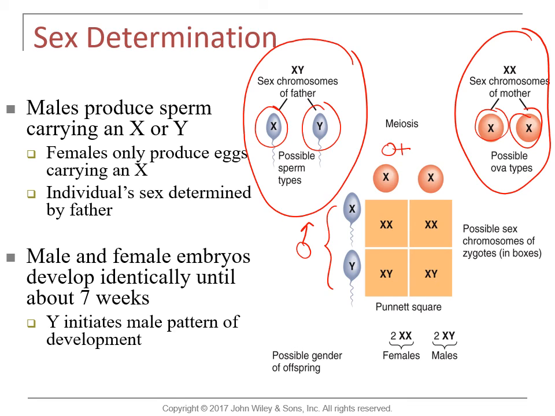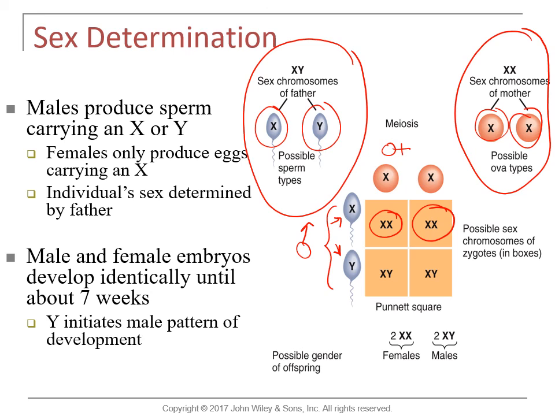So, and then also one more thing, if the secondary oocyte, as we can see here, is fertilized by an X-bearing sperm, okay? Like for example here, one of the sperm has X and the other one has Y, okay? The offspring normally is female, XX, right? And then here we have XX, and then here we have XX.